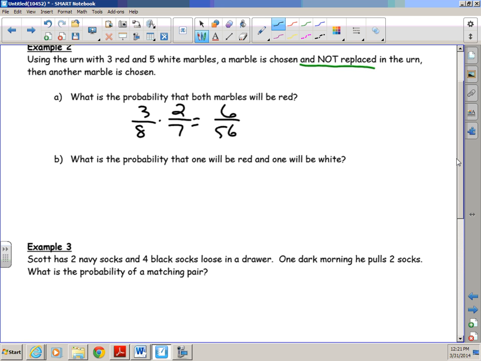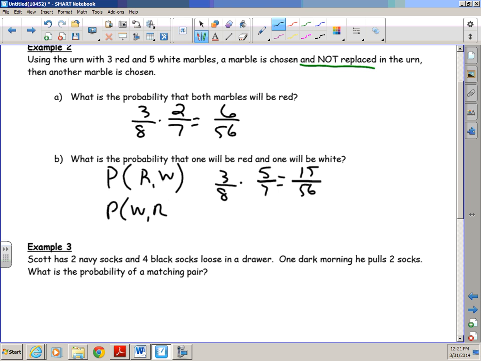Now, probability that one is red and one is white. Well, the first probability, since it doesn't tell me, is I could have gotten a red and a white. So 3/8 times 5/7, which is 15/56. Or could have gotten white and then red, which is 5/8 times 3/7, which is the same 15/56, which in total is 30 out of 56.